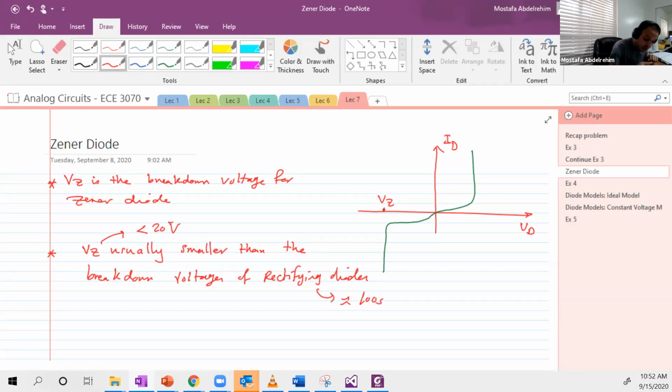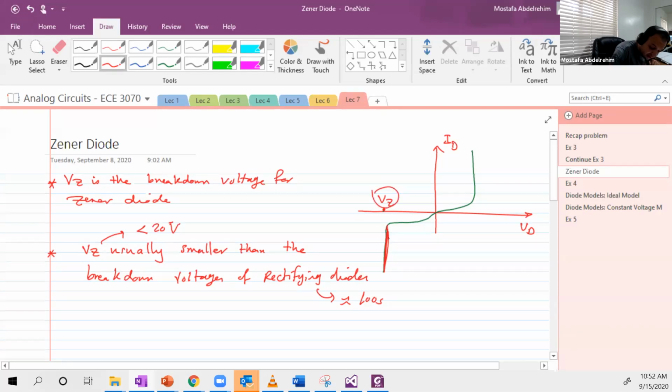And again, if the Zener is working in this breakdown region, its voltage will be equal to V Zener, and its current ID as a magnitude must be larger than I naught, or as a value, ID less than minus I naught.